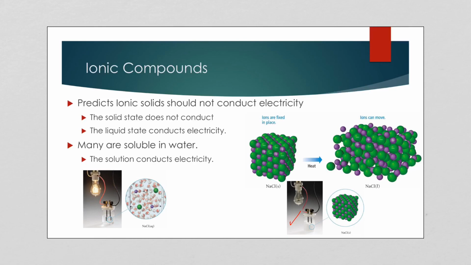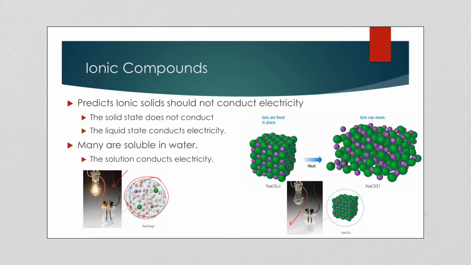But in the liquid, the ions are mobile, which allows charge movement, which is what we need for conduction of electricity. This is also why we would predict that solutions of ionic compounds, like salt water, would conduct electricity, because when we dissolve ionic compounds, the lattice structure breaks down and we get free ions moving around in solution, so the salt water becomes conductive.